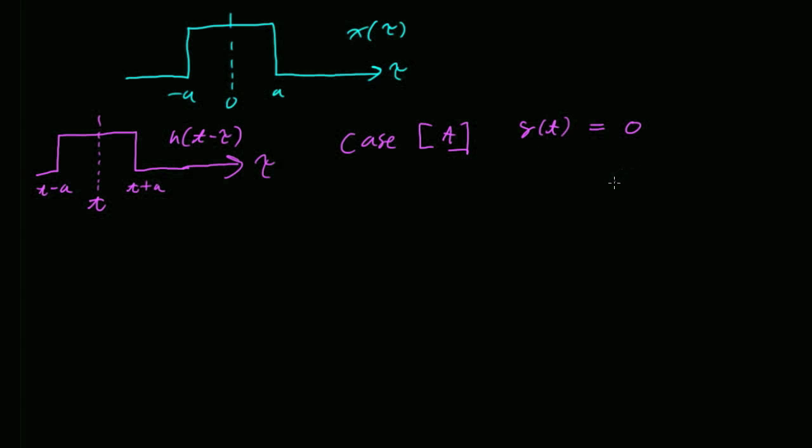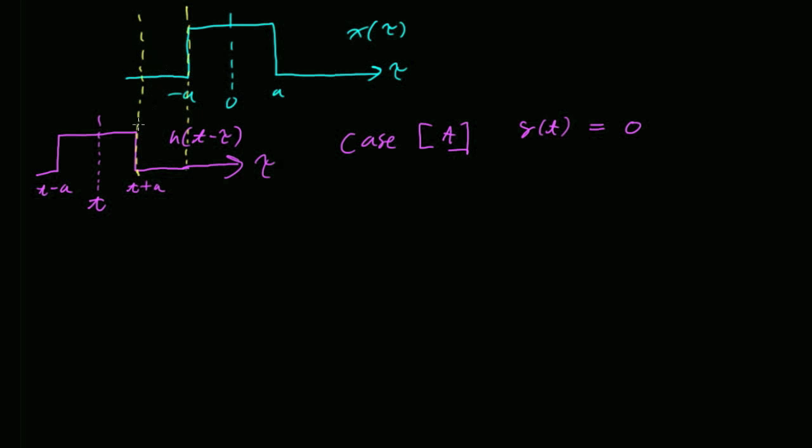Okay? Now, what values of t will be applicable? Can I agree that as long as this point here is less than that point, there will be no overlap? We agree?